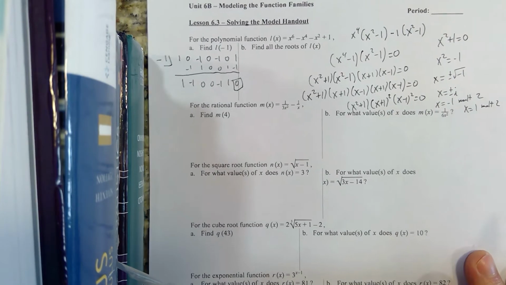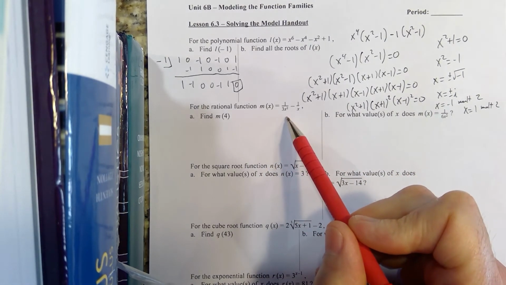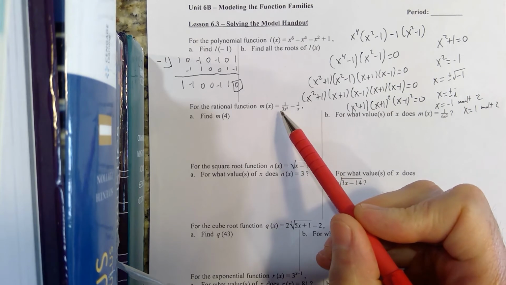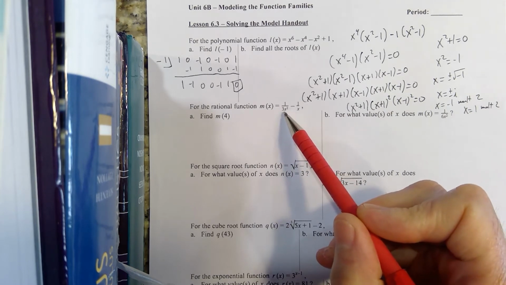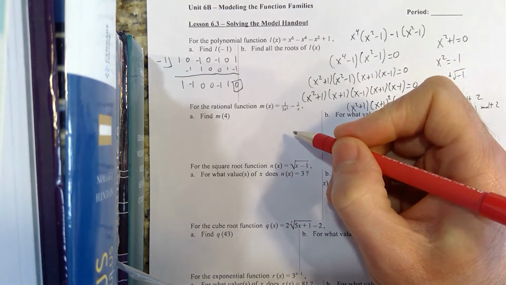Okay, next problem type. We're moving on to rational functions. Remember, with rational functions, we have issues of asymptotes and or holes. Looking at this guy, I can see that x is not allowed to be 0, either here or here, because then I would have 0 in the denominator.